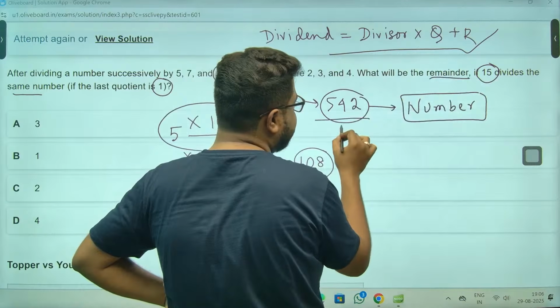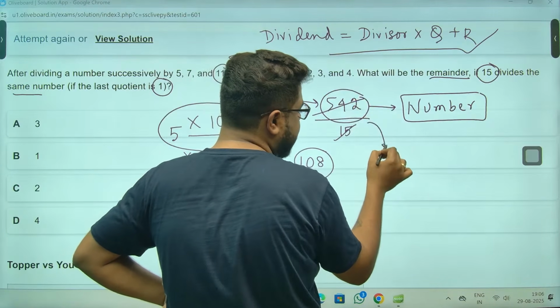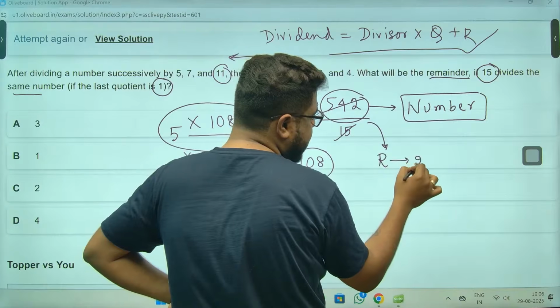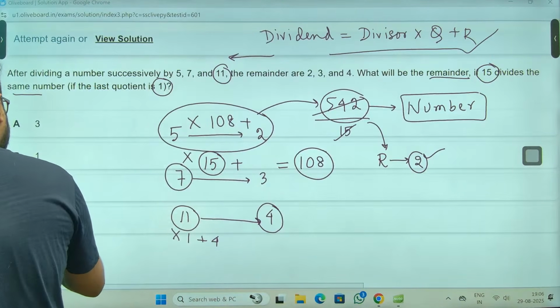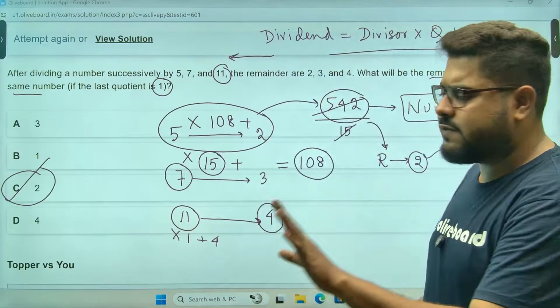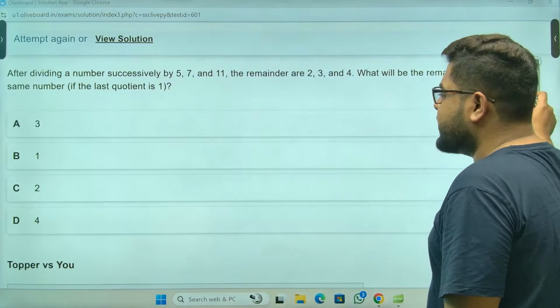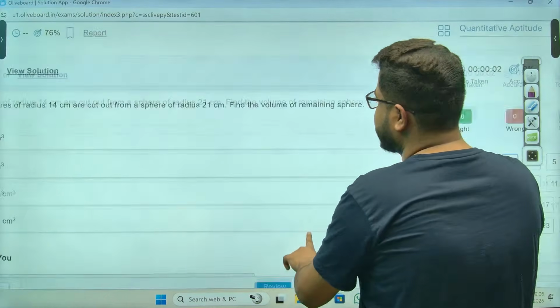So just divide by 15, and the remainder we are getting is 2. So the answer will be option C, which is 2. Again, very simple, not difficult at all. Option C is your 100% correct answer.